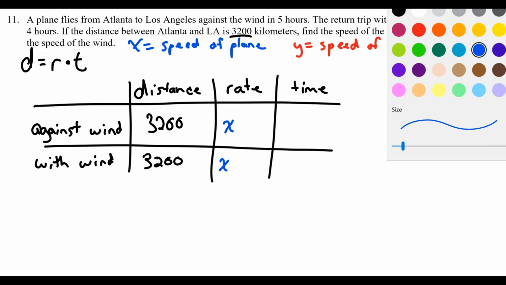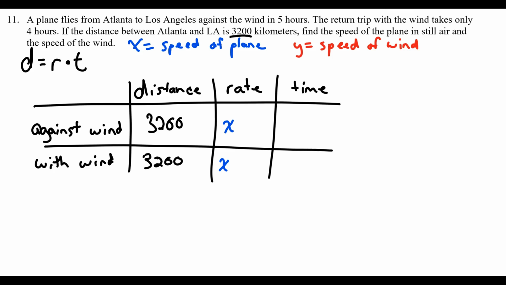And then if we're against the wind, that's going to be a subtraction because it's slowing us down. If we're with the wind, we're speeding up, okay? And then it's not x, it's y. So x minus y is against the wind. X plus y is with the wind.